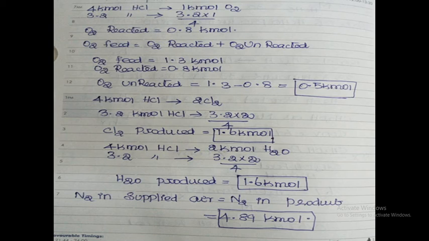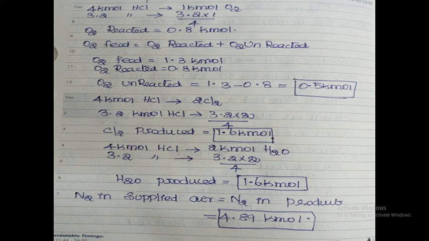Here, what is the role of nitrogen? Nitrogen acts as an inert gas, entering is equal to leaving. So the same nitrogen is also present in the product side. Are you clear or not? Okay. Already we have the nitrogen in supplied air value, and that same amount is present in the product side. Simply we write nitrogen in supplied air is equal to nitrogen in product, which is 4.89 kilomole. Are you clear or not?